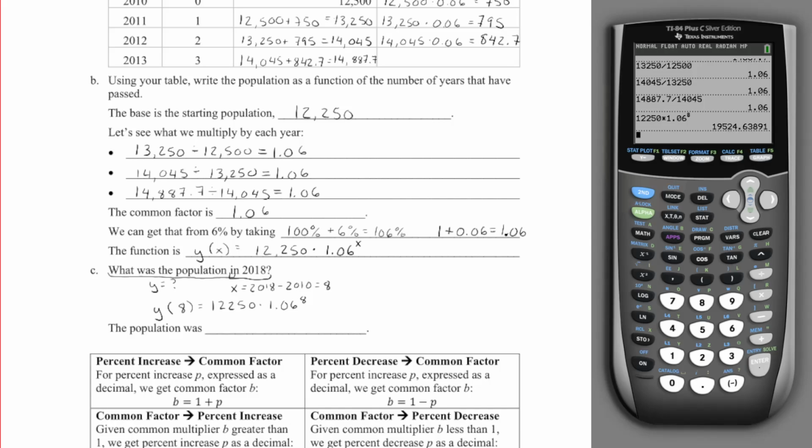And to the nearest person, obviously, because we can't have fractional people, we have a population of 19,524. In 2018, the population was 19,524 people.